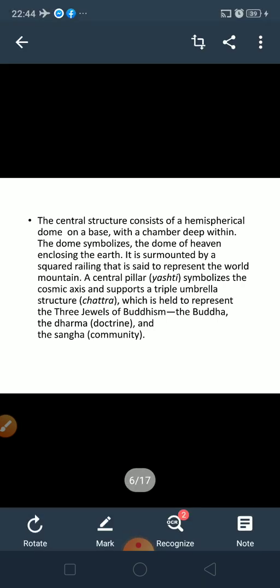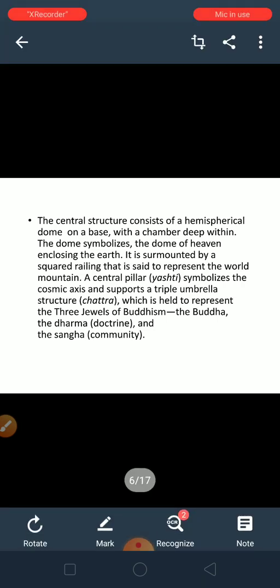It's surmounted by a square railing that is said to represent the world mountain. It has a center pillar which symbolizes the cosmic axis, and there's a triple umbrella on the top. That triple umbrella is called the Chhatra. Those three Chhatra are the three jewels of Buddhism.